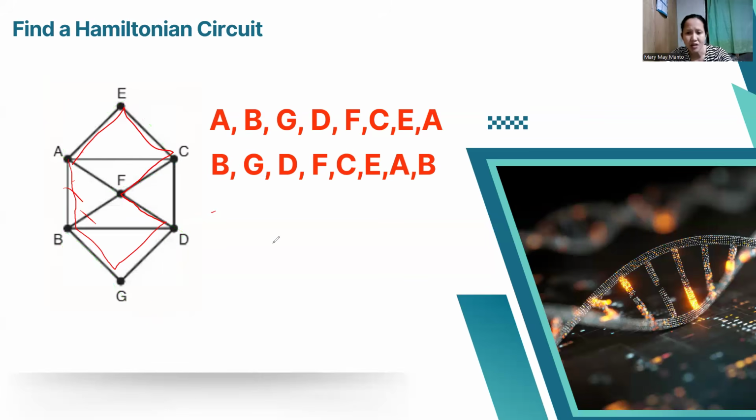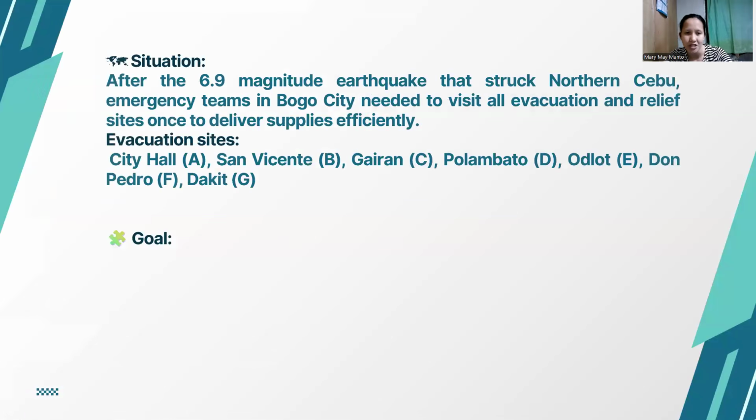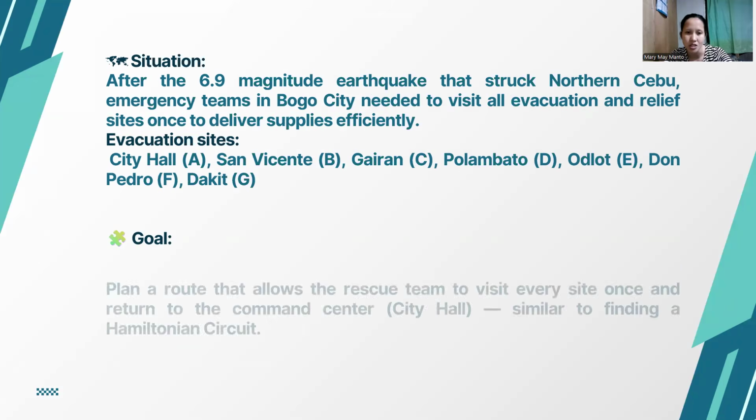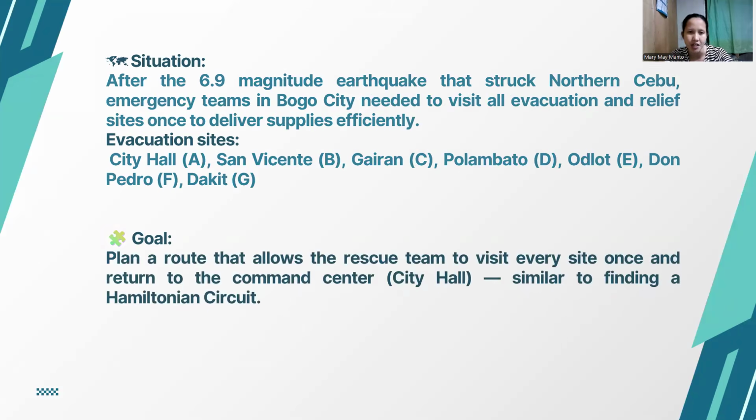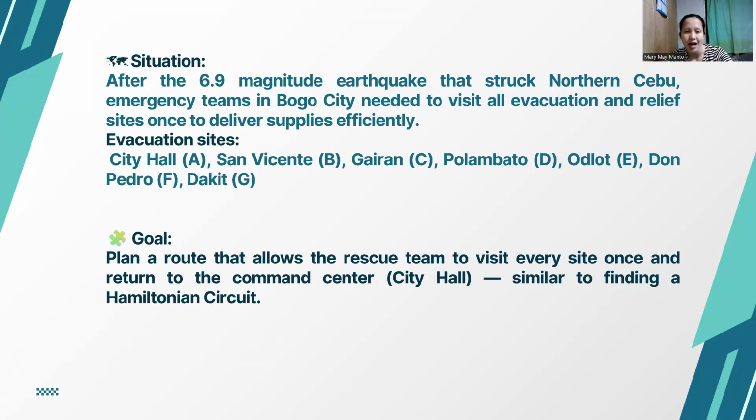Okay, now let's go to a real life example of the concept of Hamiltonian circuit. Here's the situation. After the 6.9 magnitude earthquake that struck northern Cebu, emergency teams in Bogo City needed to visit all evacuation and relief sites once to deliver supplies efficiently.